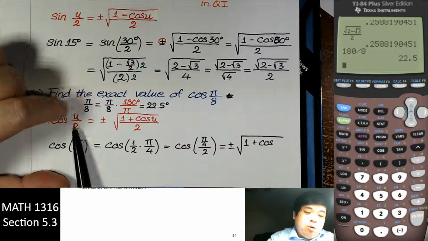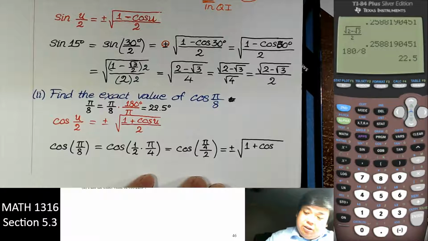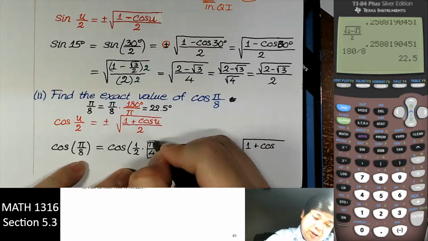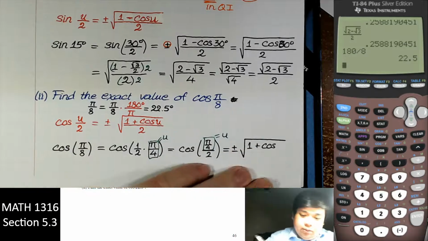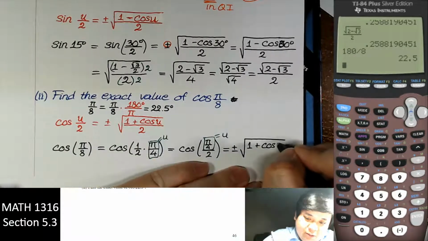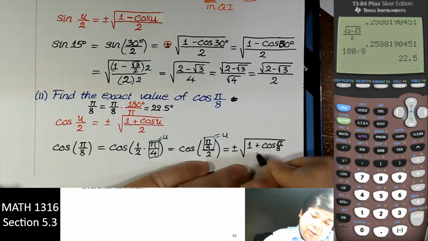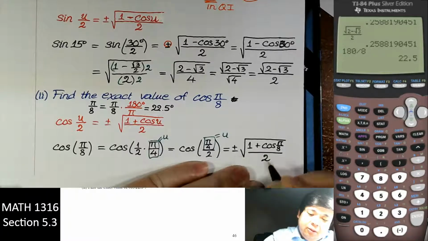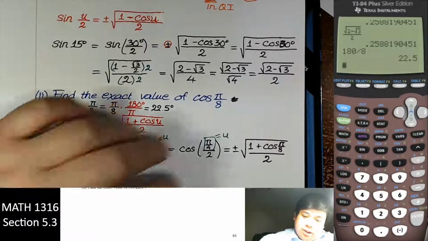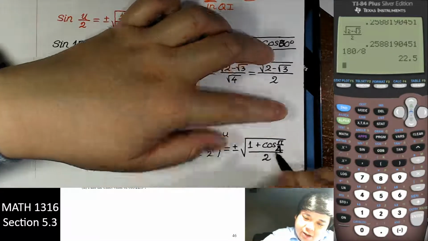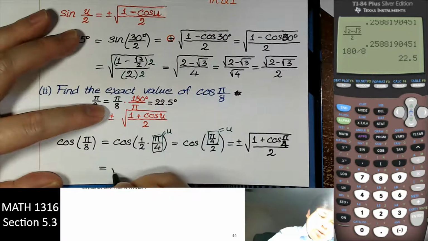In the half angle formula, we start from half, but when we put in the formula, it's going to be just the angle. So what we have here is u, pi over 4. So we end up with the square root.